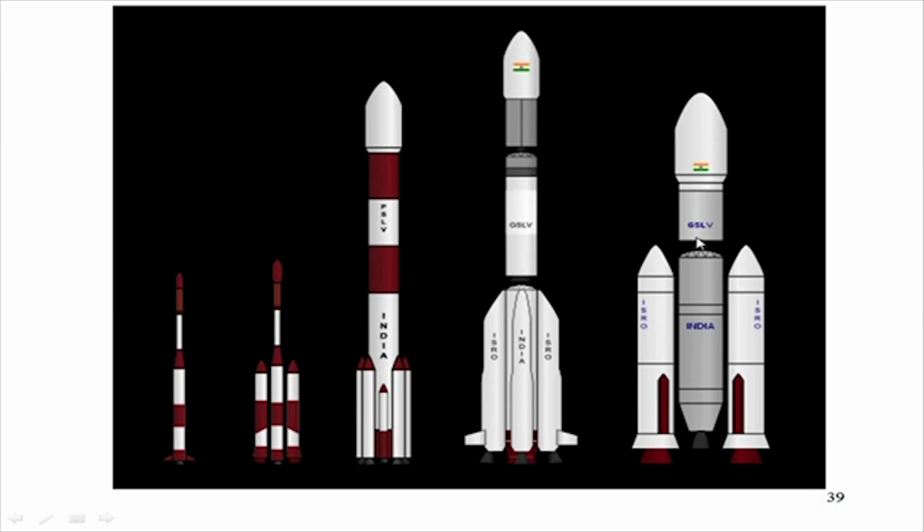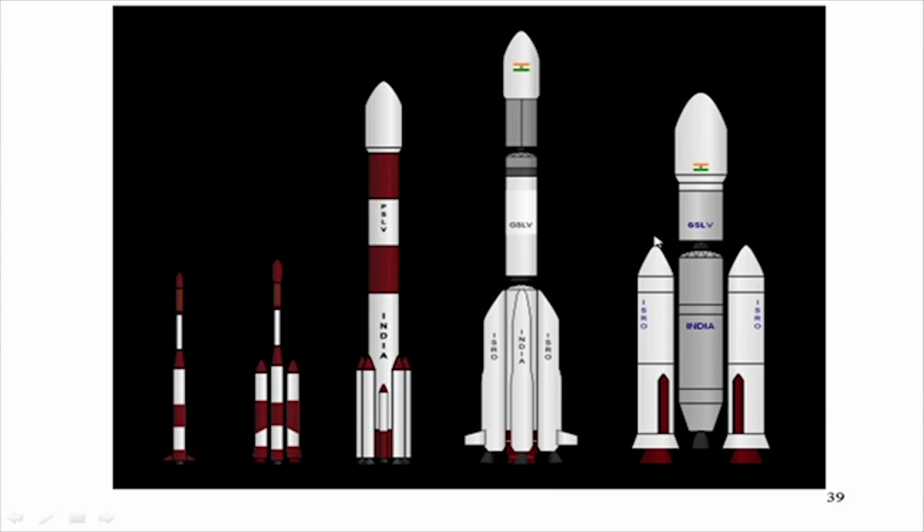The later versions of GSLV, which are not yet launched, will have much bigger satellites. Right now this can take roughly of the order of 2 tons of satellite. I was told the later version will be able to take about 5 tons, and PSLV can take about 1 ton of satellite roughly.